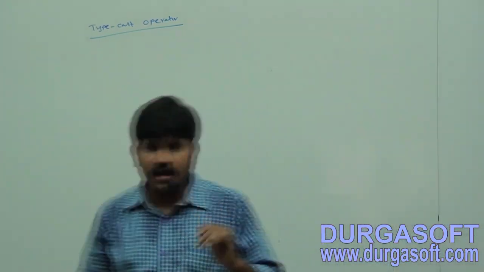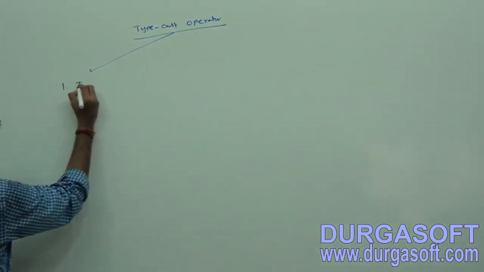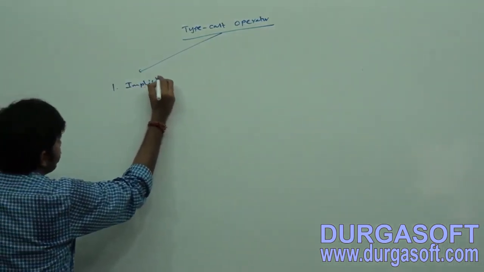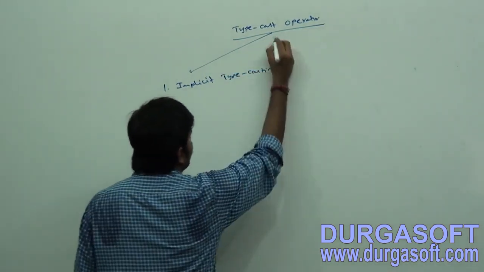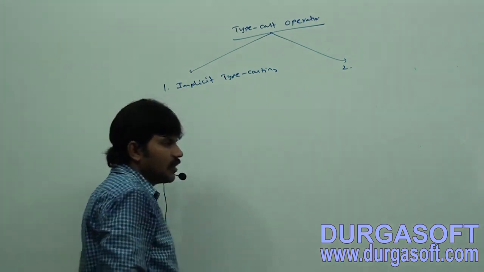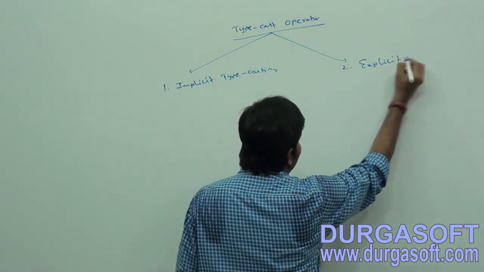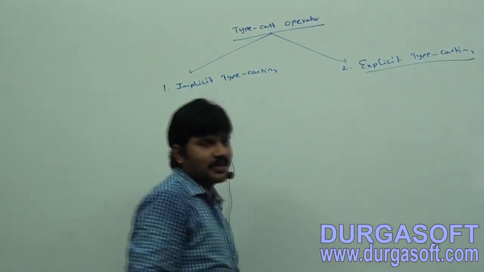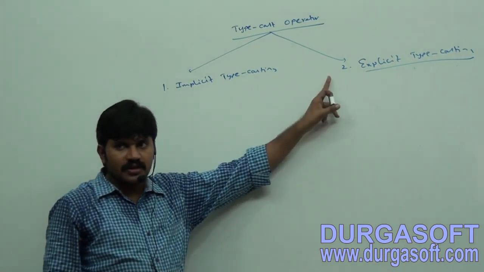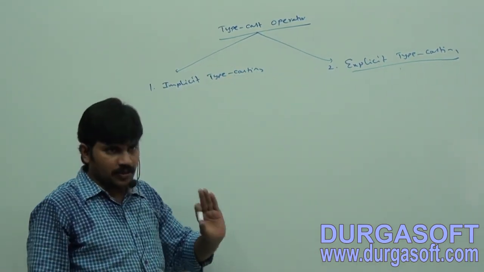The first category, implicit typecasting, automatically. The second category, explicit typecasting. So the first one is implicit, the second one is explicit typecasting. What is implicit and what is explicit, we will discuss.